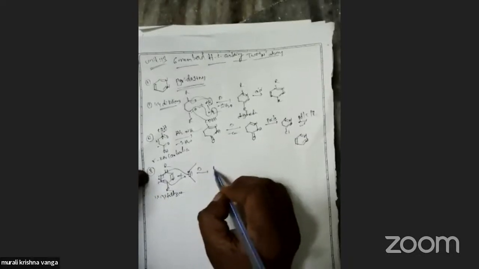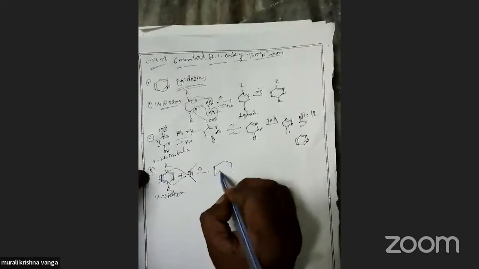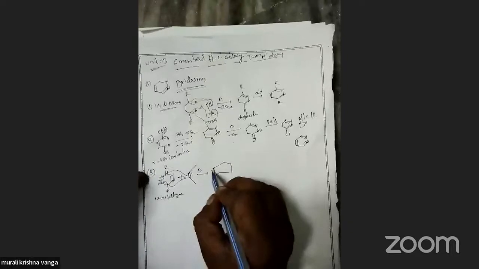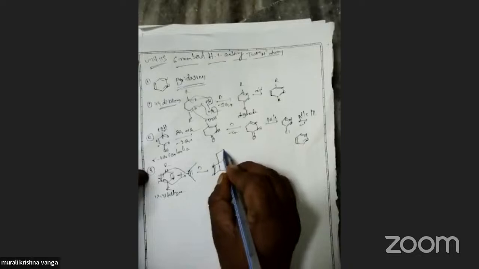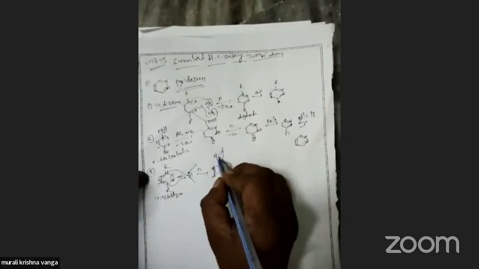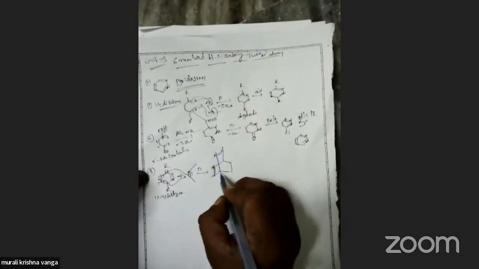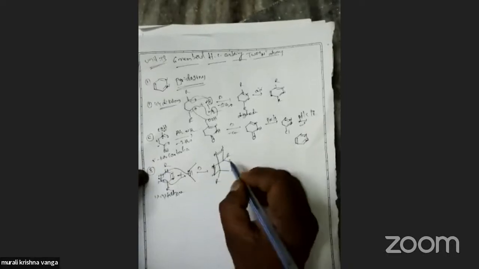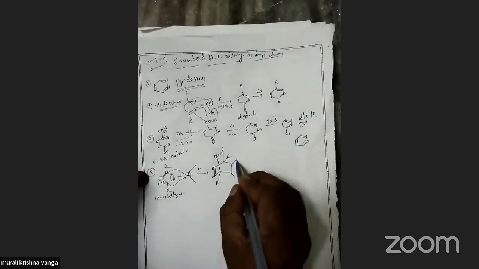Then the product has nitrogen and nitrogen, here R, and 2 methyls.